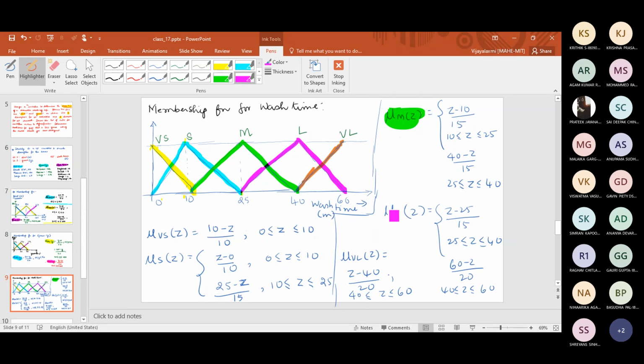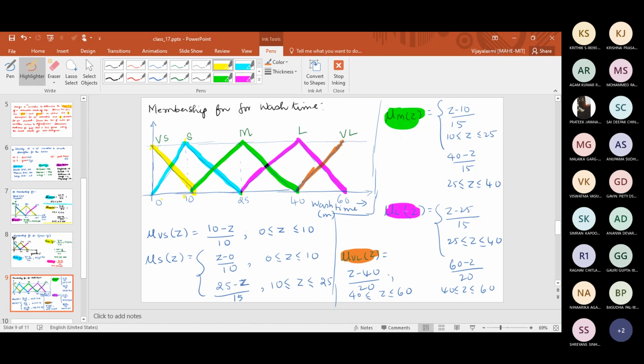For that, it is (z minus 25) by 15, and the other one is (60 minus z) by 20, since 60 minus 40 is 20. The last one is very large. It is in the range 40 to 60 minutes, and it is (z minus 40) divided by 20.